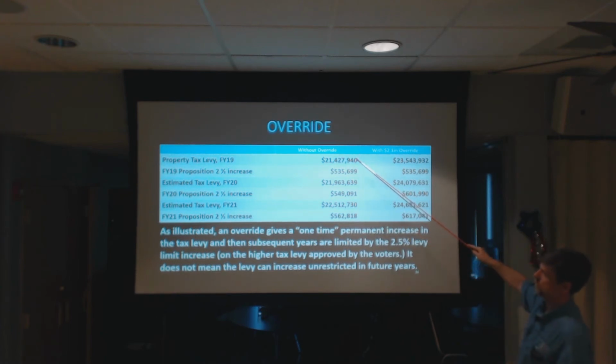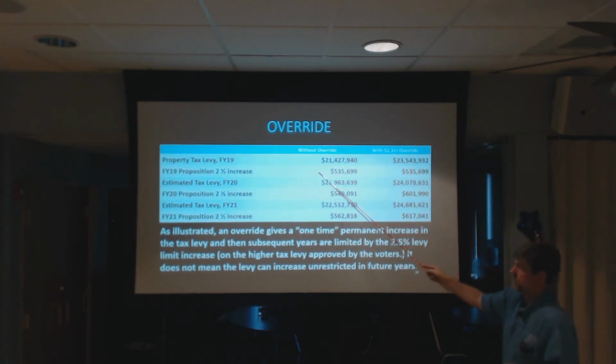Basically, what you're doing is you take this current fiscal year levy limit and the increase to get the new tax levy for year 20, which you then add another 2.5% into, and so on and so forth. If we added in the $2.5 million override, the property tax levy for fiscal year 19 goes up to $23.4 million.